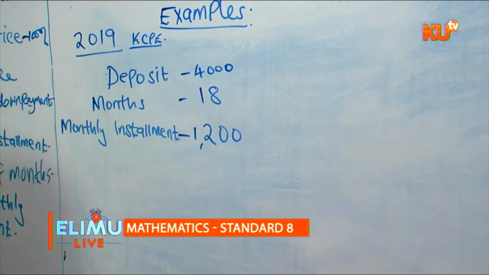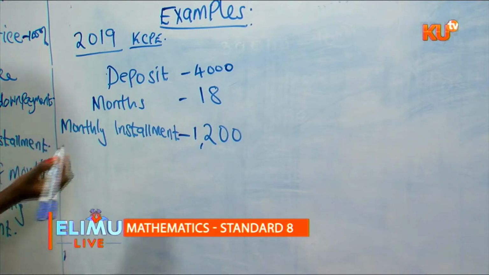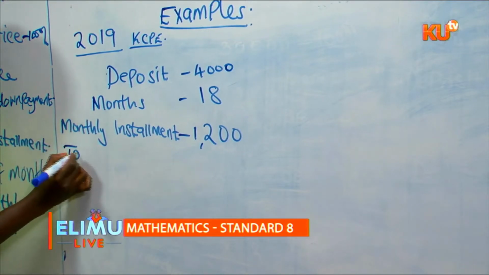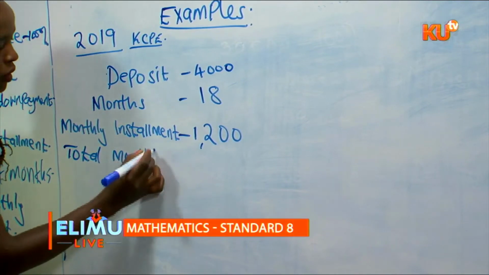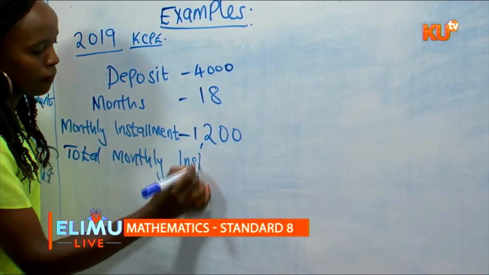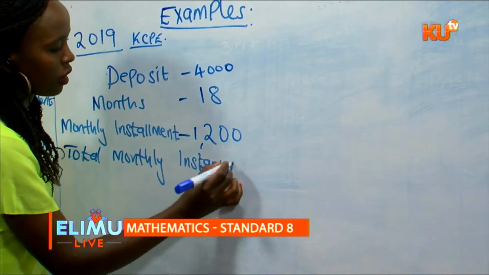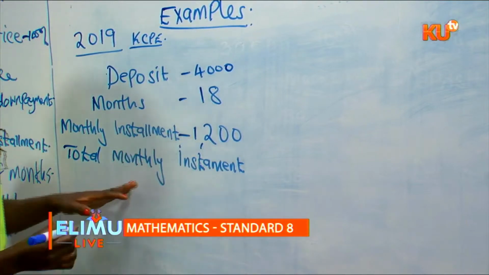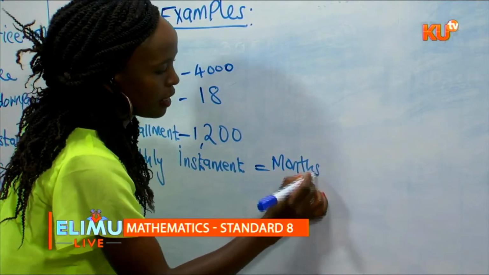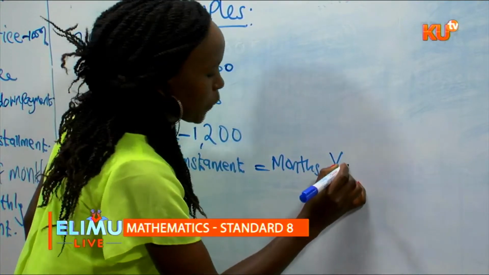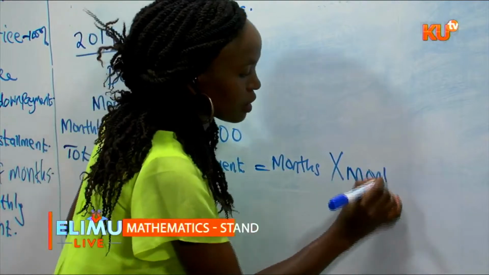With the deposit and the number of months, even before we continue with the question, we can calculate the total monthly installment. The total monthly installment is equal to the number of months times the monthly installment.